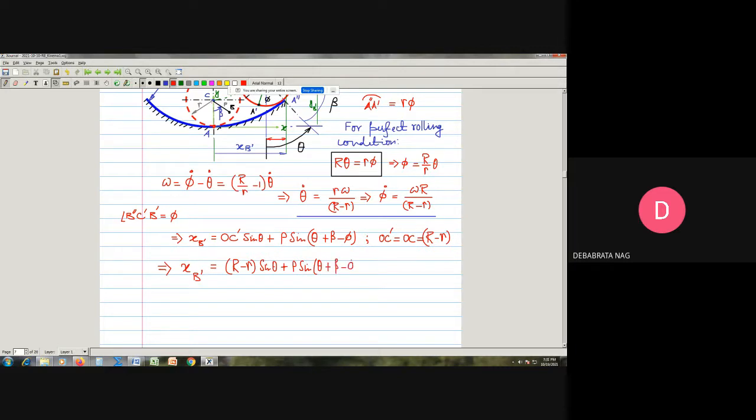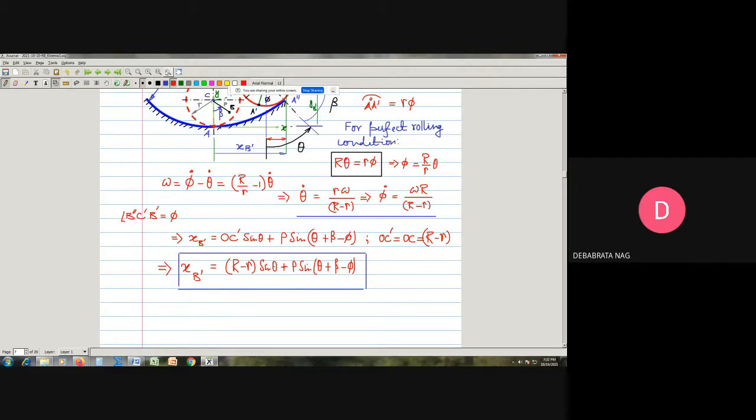So that is going to be our x coordinate. So we just label it: this is my x coordinate of the point B dash after the motion has taken place. Now we are trying to calculate the y coordinate of the point B dash.